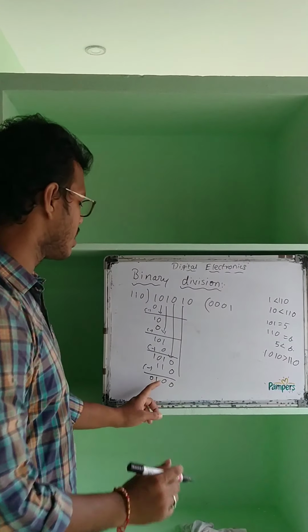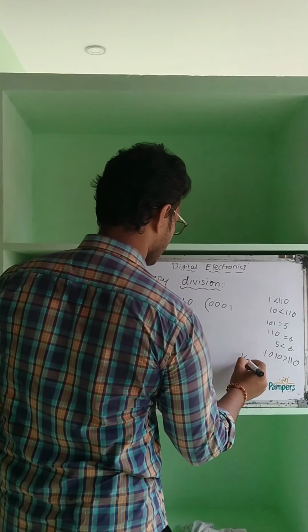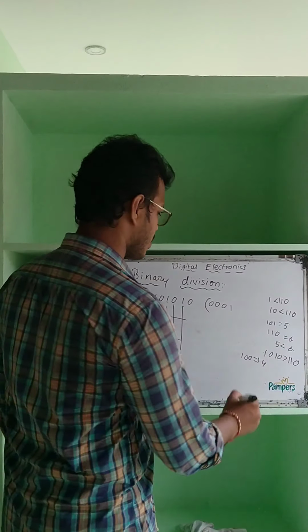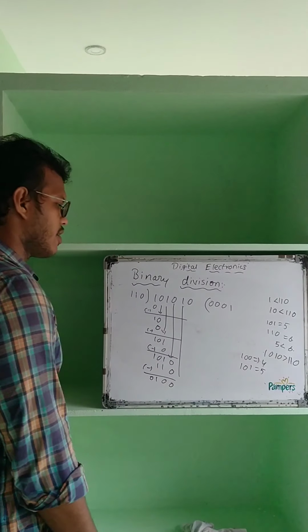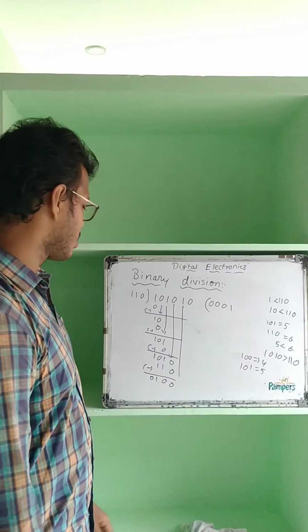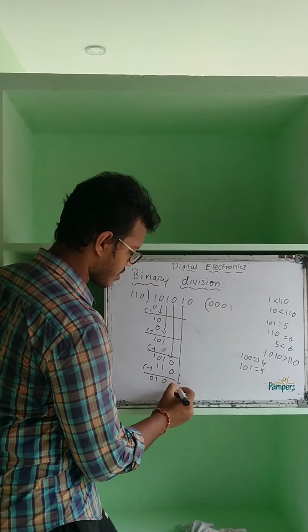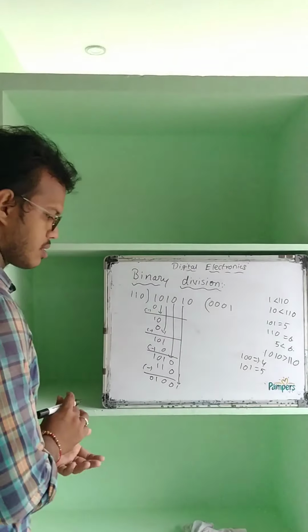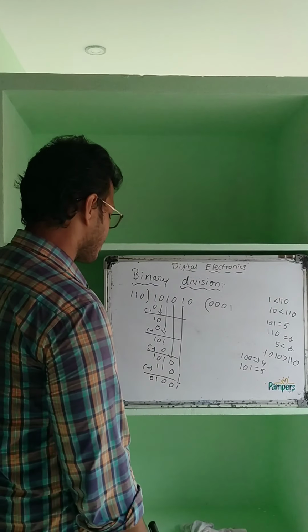So here 100 is 4. 101 is 5. So here 5 is greater than 4, so we have to bring 1 here and do the multiplication.